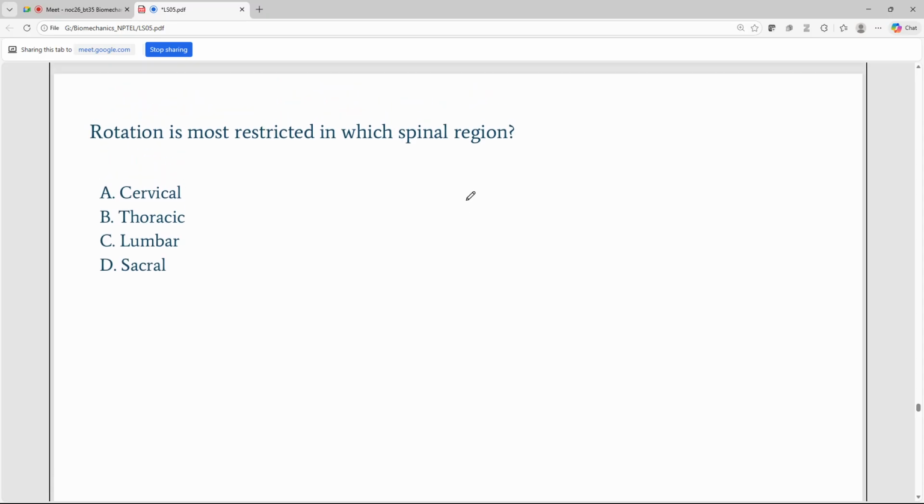Rotation is most restricted in which spinal region? Options are option A, cervical, option B, thoracic, option C, lumbar, option D, sacral.